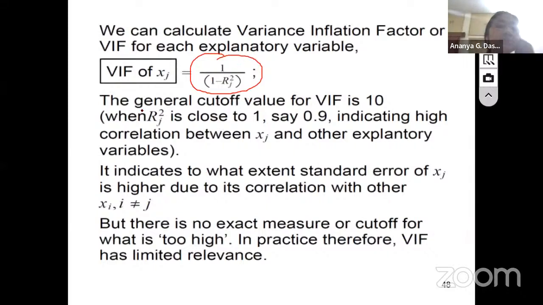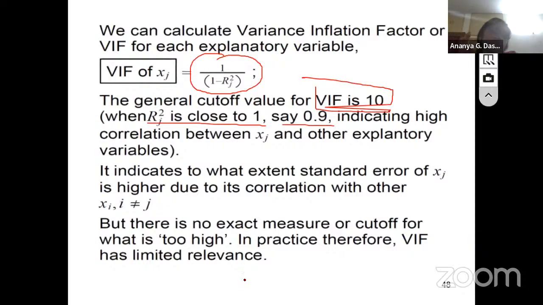So you see, 1 upon 1 minus R squared j is known as the variance inflation factor. It is the extent to which variance is higher because of correlation among the explanatory variables. Now, you see, if this is close to 1, suppose this is 0.9, indicating a very high correlation between x and the other variables, then this particular variable takes a value of 10, right?